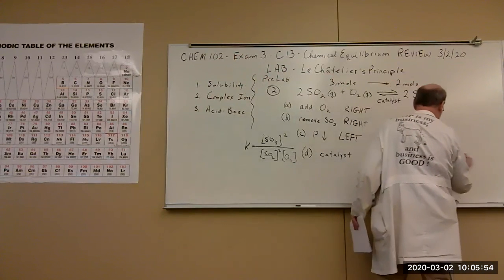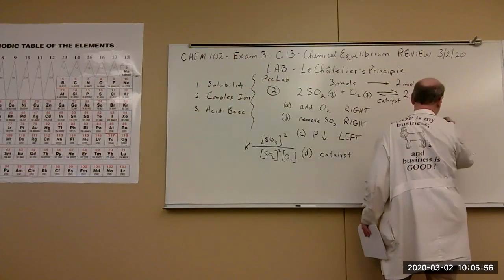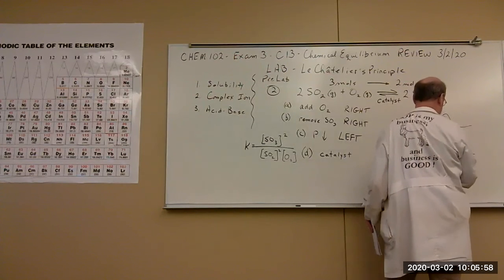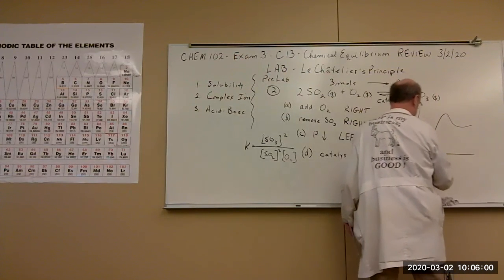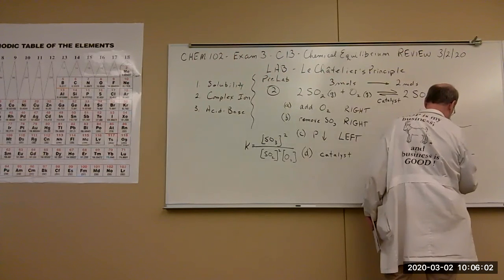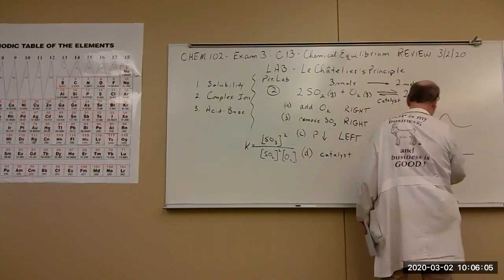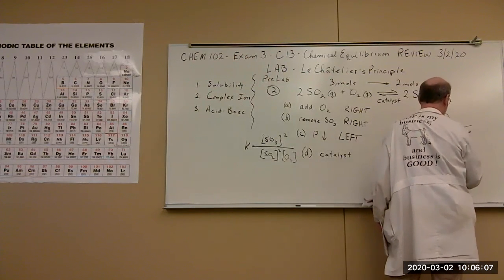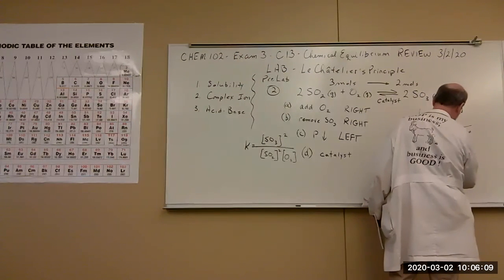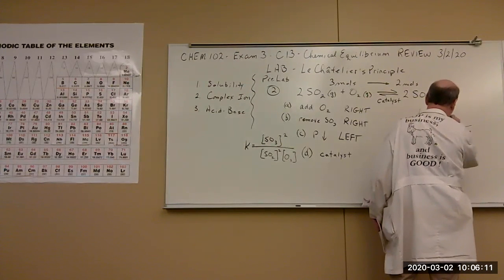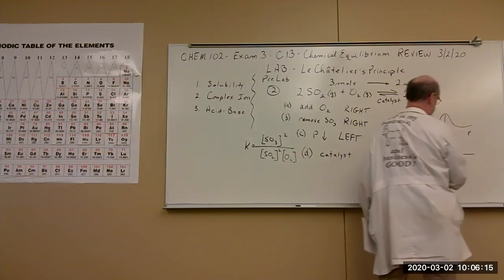Because it looks like this, let's just say it's like that. That's without a catalyst. And this is progress. So we have reactants here and products here. So this is the activation energy without a catalyst.